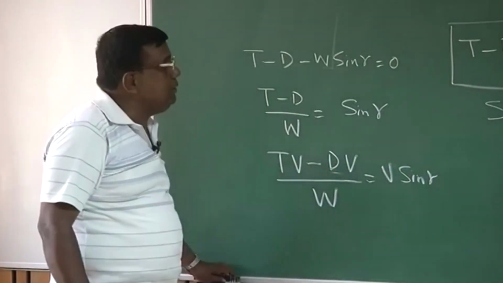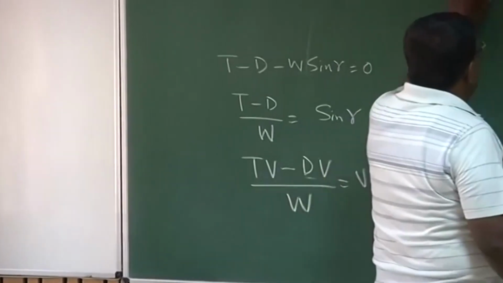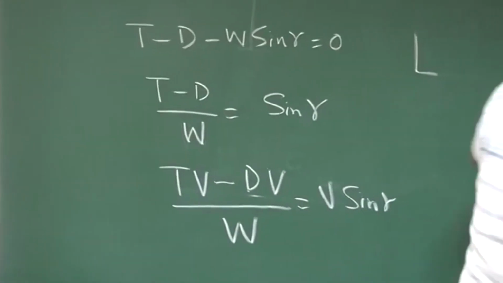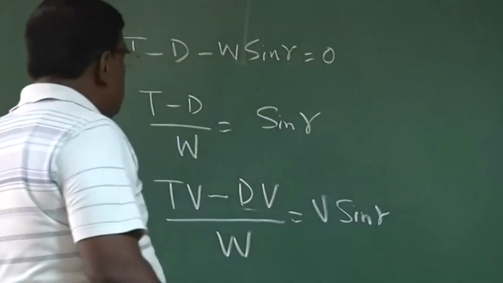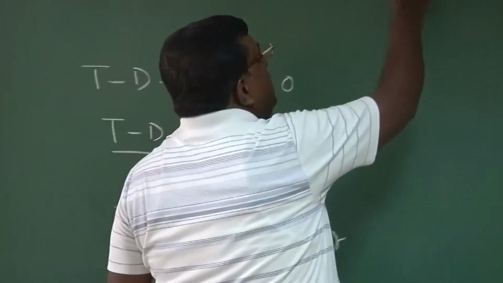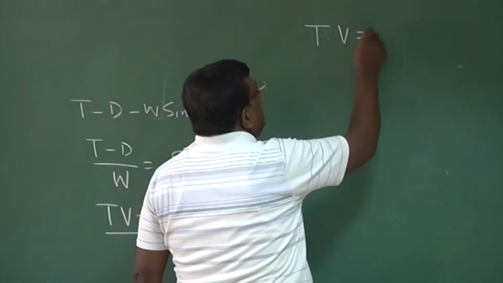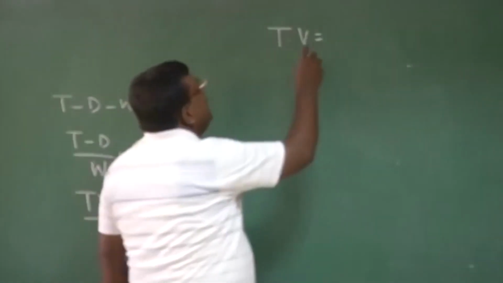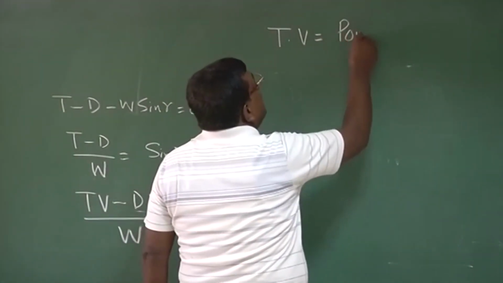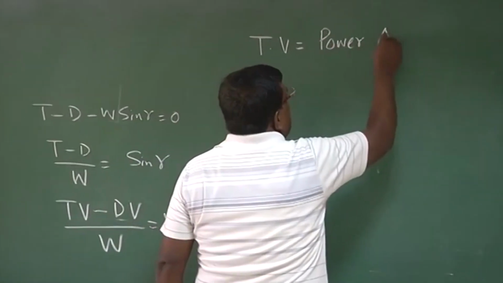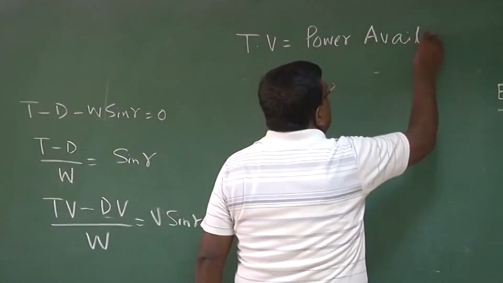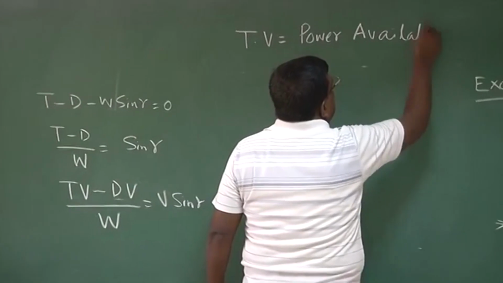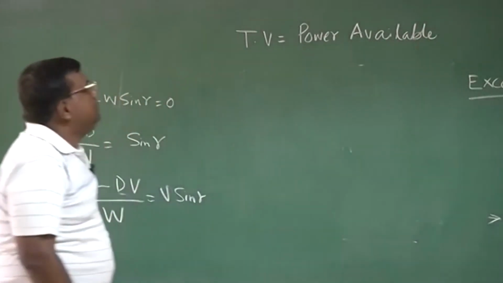Let us understand this. T into V is what? This is basically thrust into velocity or speed. So this is the power available. That is power available from the engine at a given altitude.